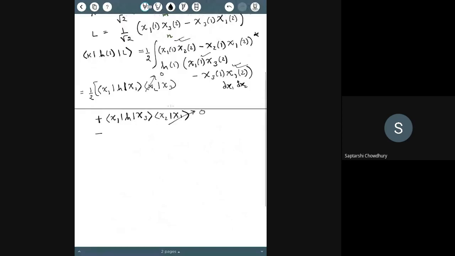So tell me as soon as you think I'm making a mistake, because this is very error prone. Okay. Then you have again chi2, h, chi. So now I'm doing the second and the first, second from here and first from here. So this is chi 1 and then chi 3. That is again 0, right?